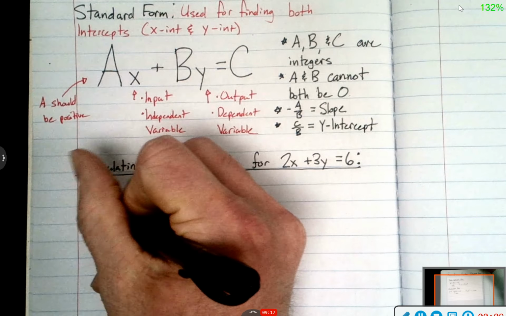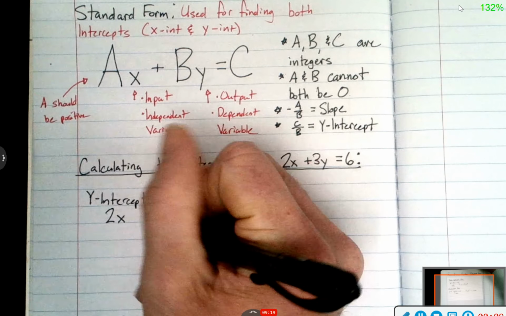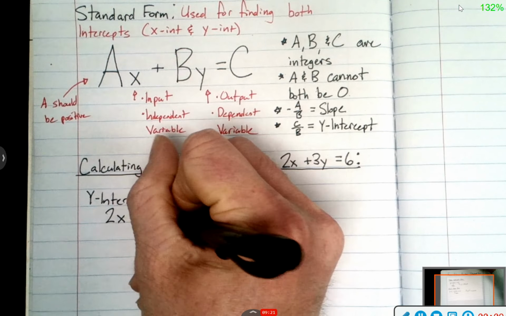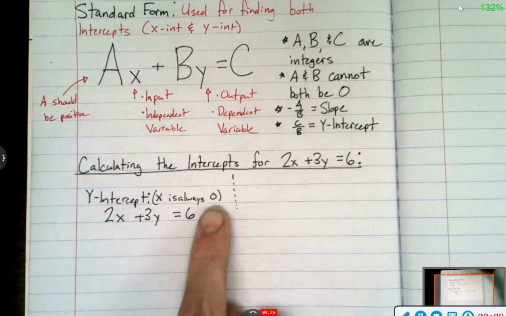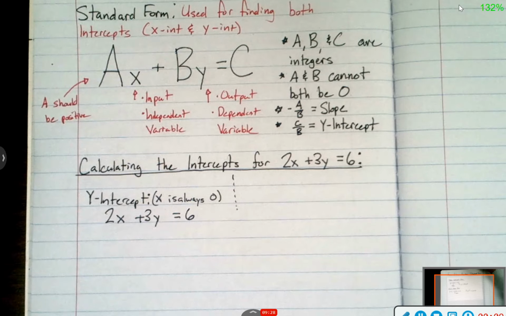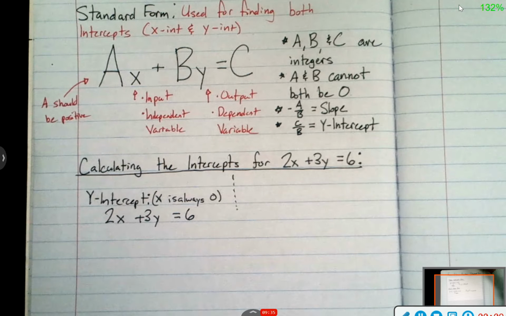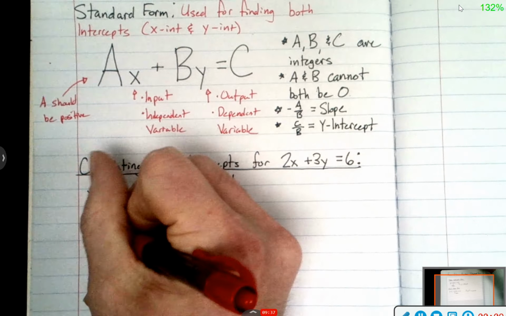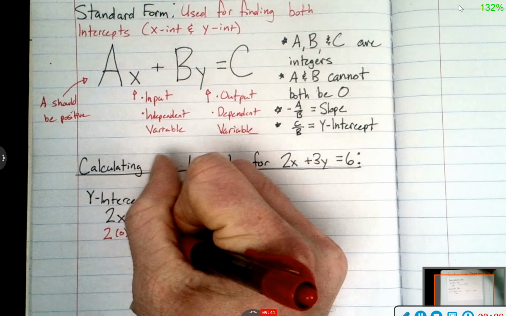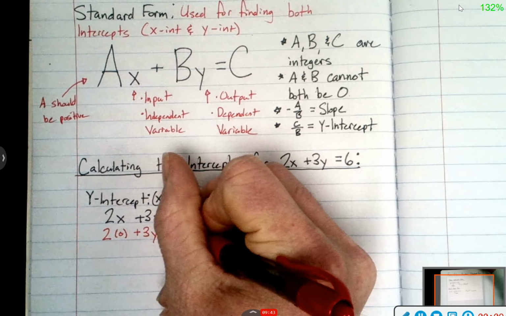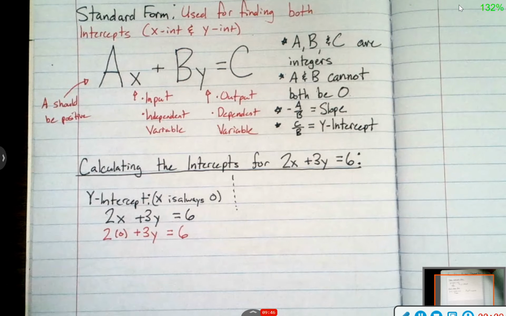So what we're going to do is, if we write this equation, 2x plus 3y equals 6, knowing that x is always equal to 0, I can plug in 0 for x and solve for my y-intercept. So let's go ahead and try that out. If I plug in 0 for x, I just need to figure out what y is when x is 0, because that is the definition of my y-intercept.